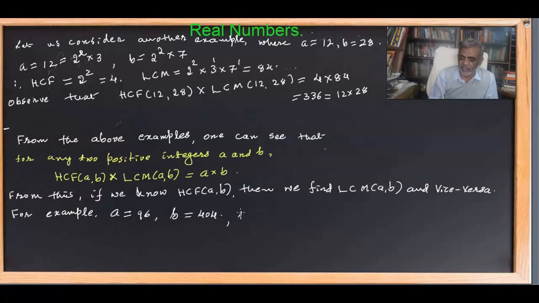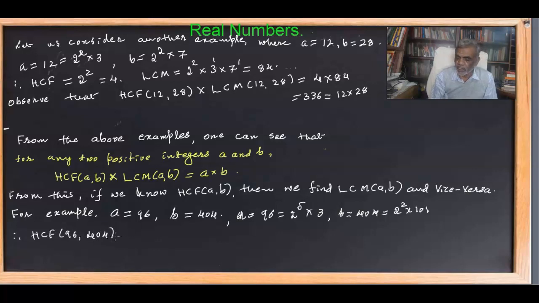Before that, we can write down the factorization of 96, which is equal to 2 raised to 5 into 3, and B equal to 404, which is 2 raised to 2 into 101. 101 is a prime, and therefore the HCF of 96 and 404 equals the least power of the factors involved in it.